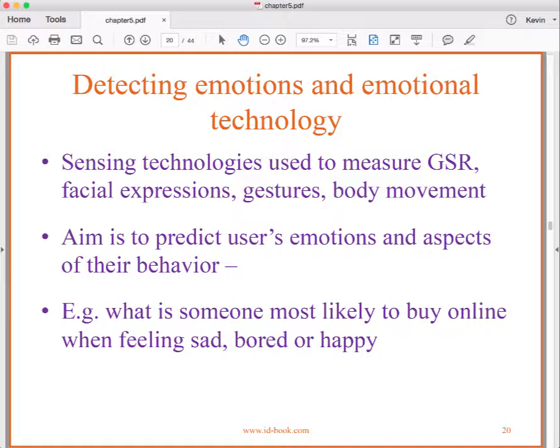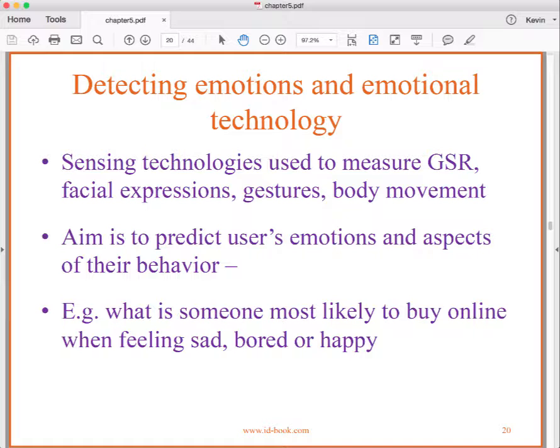Next up, we're going to be talking about technology that can detect, or at least it purports to detect, emotions. So it's possible for us to have devices that have some sensing capabilities.